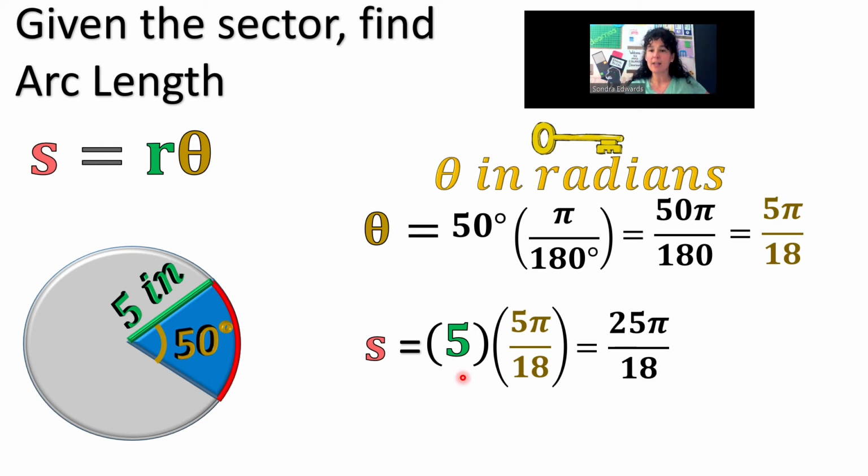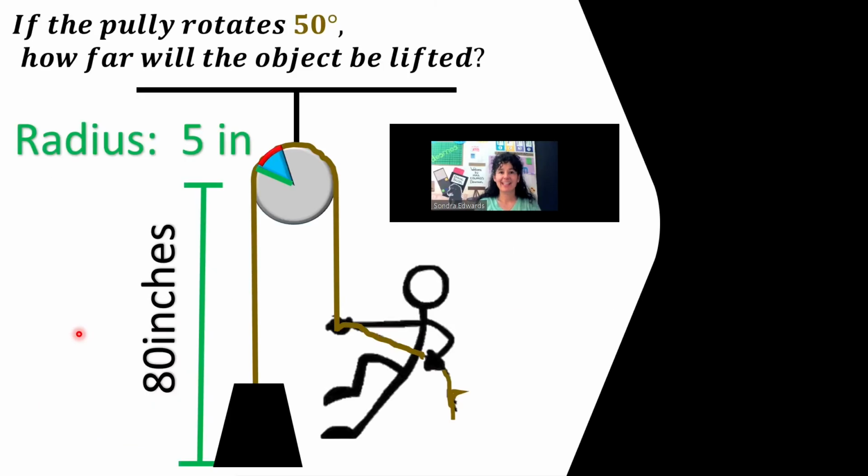That gives us 25 pi over 18. Now, if you want an estimate, multiply 25 times pi and divide that by 18. So we find out that this arc length right there is about 4.36 inches.